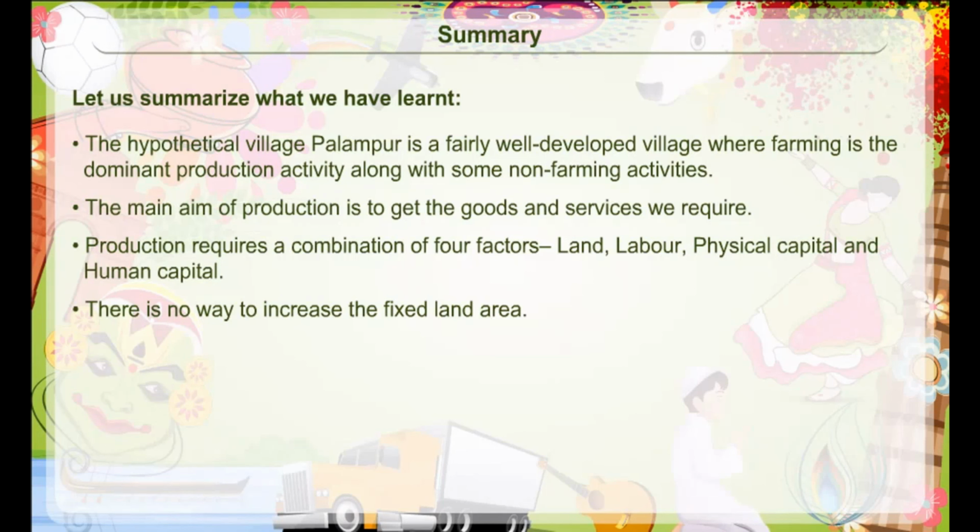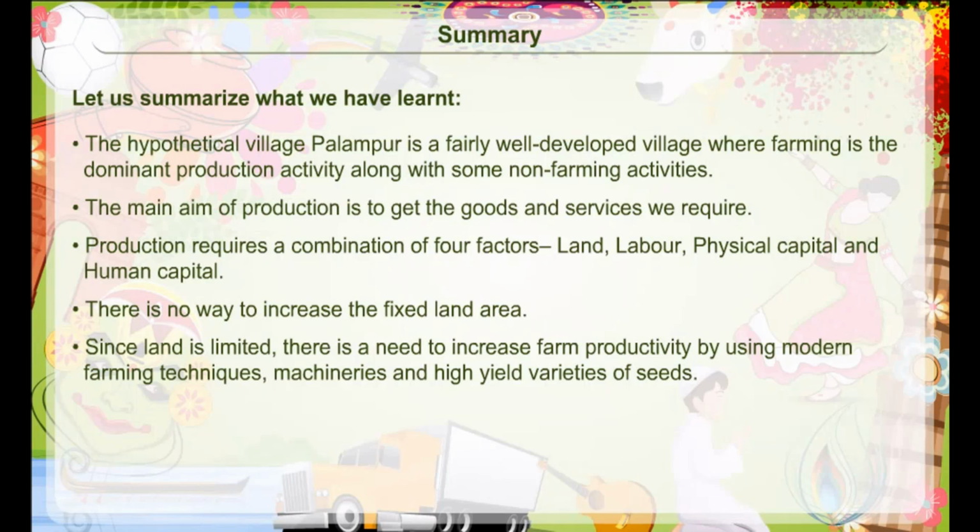There is no way to increase the fixed land area. Since land is limited, there is a need to increase farm productivity by using modern farming techniques, machineries, and high-yield varieties of seeds.